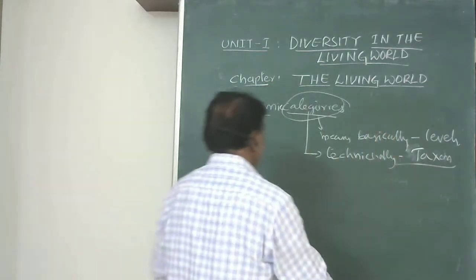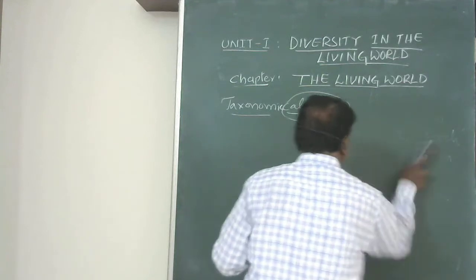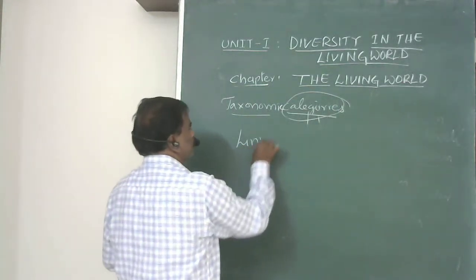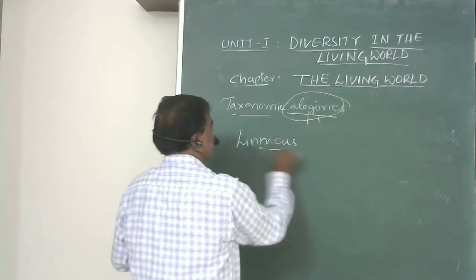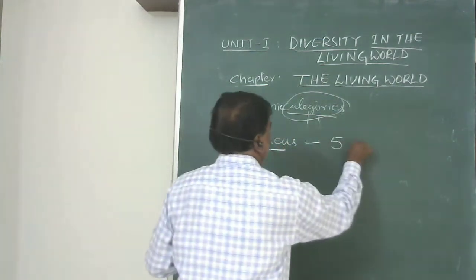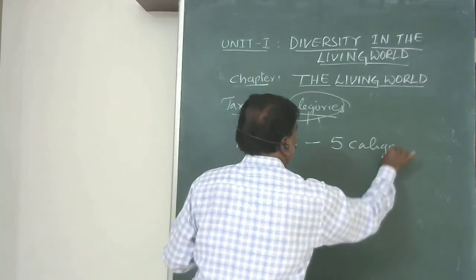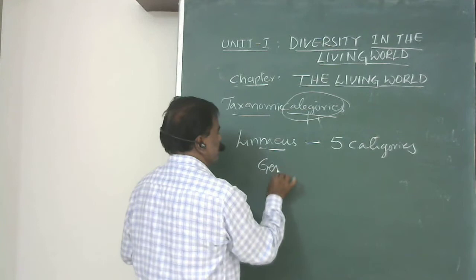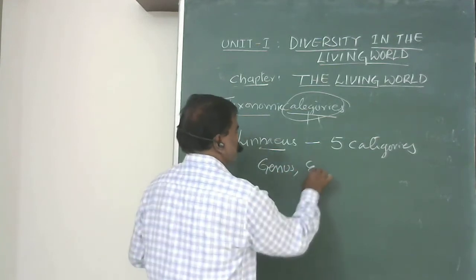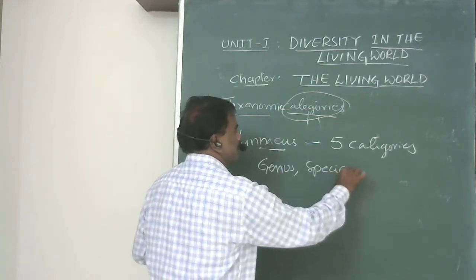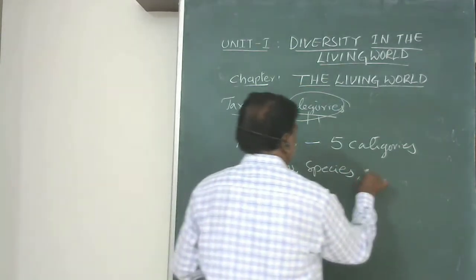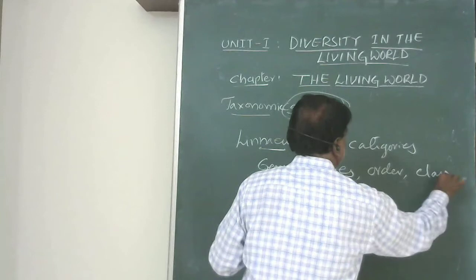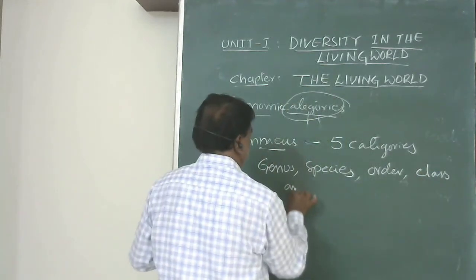Linnaeus created 5 categories. Linnaeus created how many categories? 5 categories. They are genus, species, order, class, and variety.